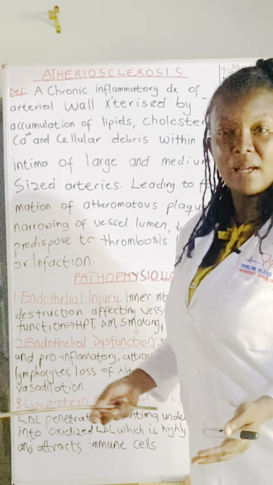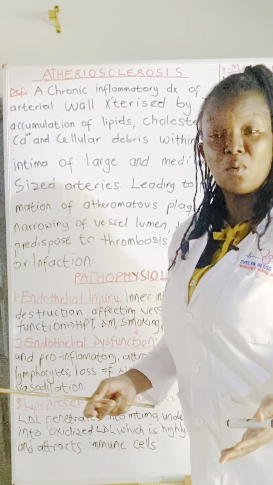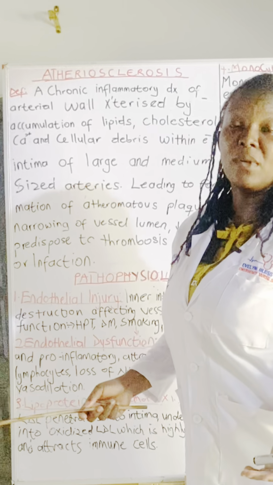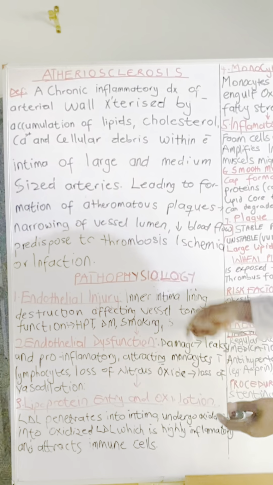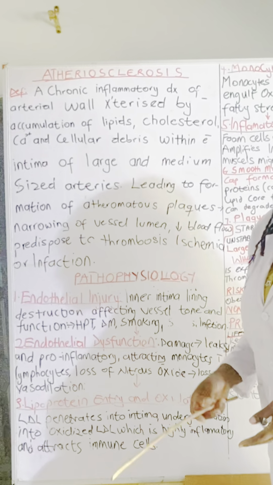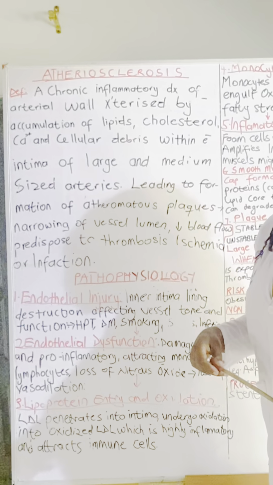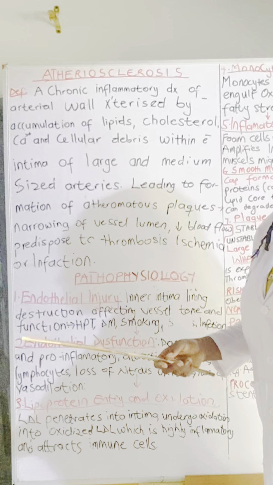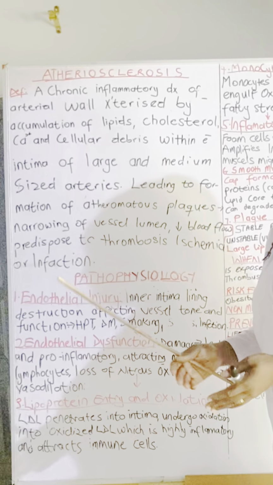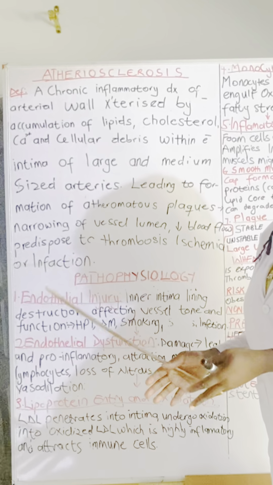So there's an inflammation process ongoing that has led to the accumulation of lipids, calcium, and cholesterol inside the intima of the blood vessels. This goes on for a while, a plaque forms, and then it leads to narrowing.